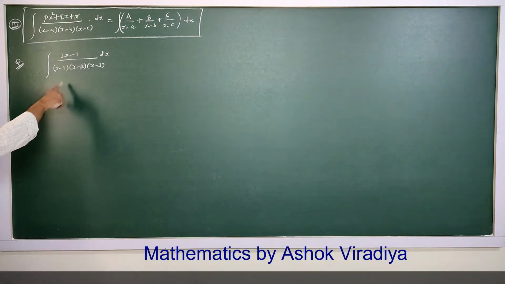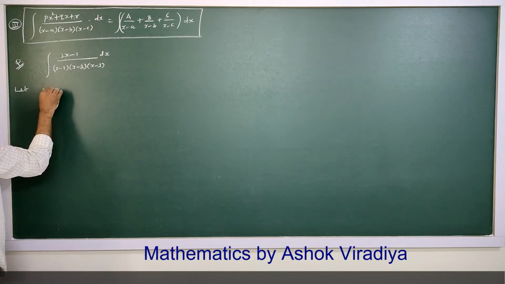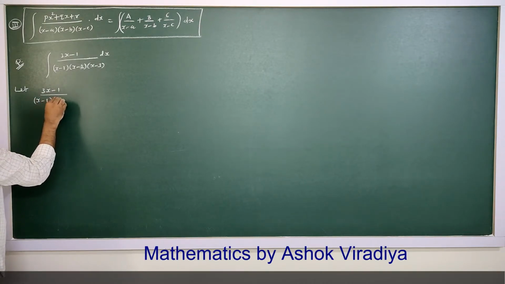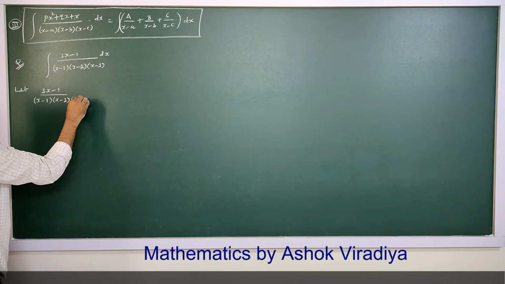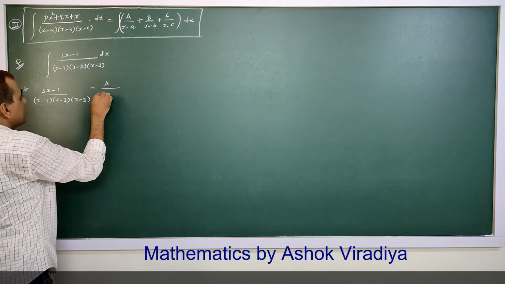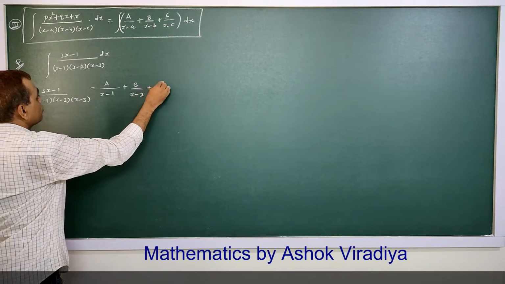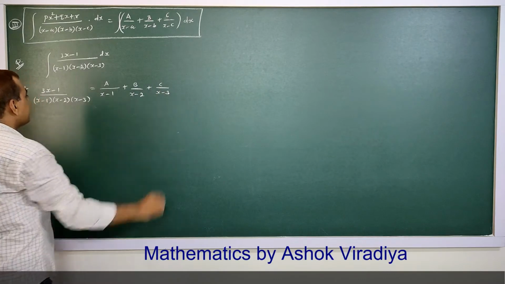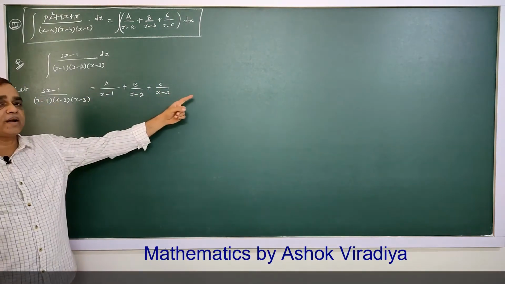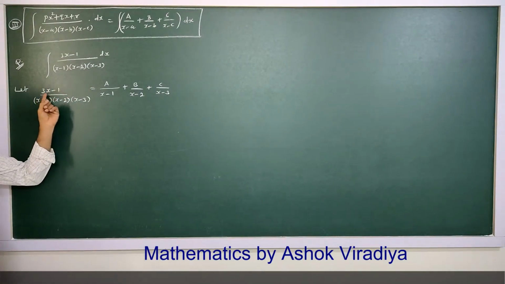So to convert this into this form, let (3x minus 1) upon (x minus 1)(x minus 2)(x minus 3) equal a upon x minus 1 plus b upon x minus 2 plus c upon x minus 3. So these linear factors can be separated if the degree of the numerator is smaller.